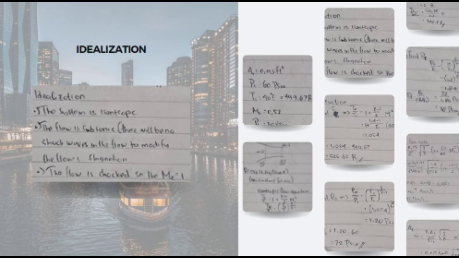For this problem, we use the isentropic flow equation, which is T0 per T1 equal to 1 plus lambda minus 1 per 2 times M1, the Mach number at point 1 squared, and the P0 per P1 equal to open bracket T0 per T1 close bracket to the power lambda per lambda minus 1.